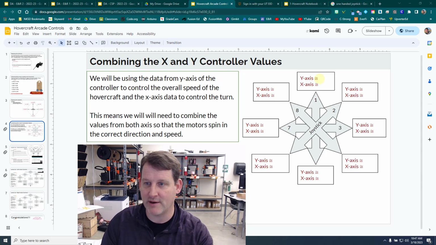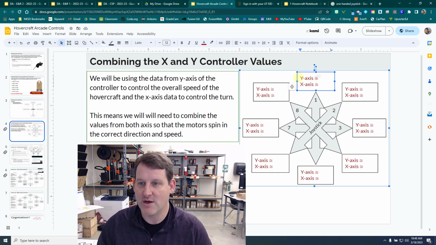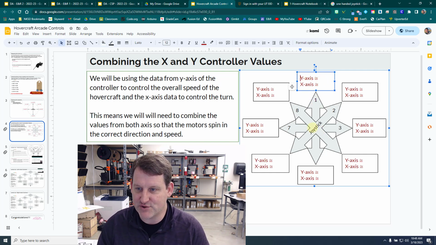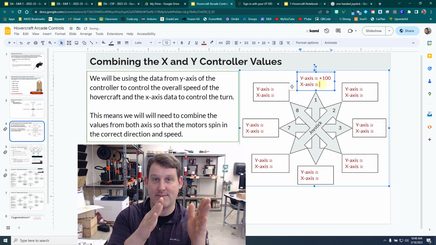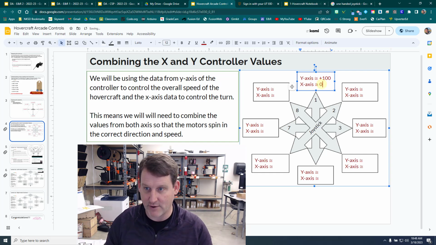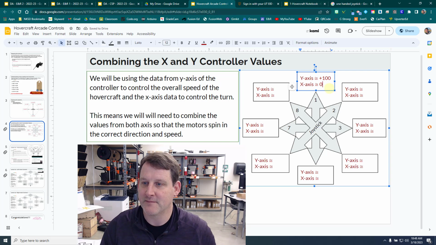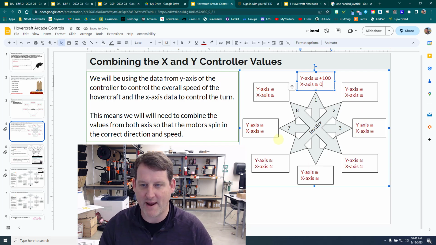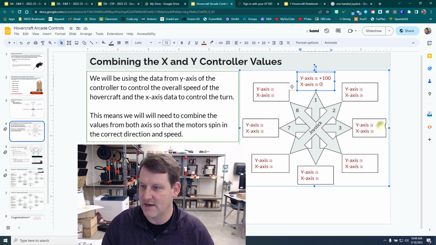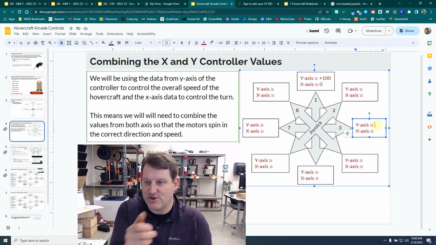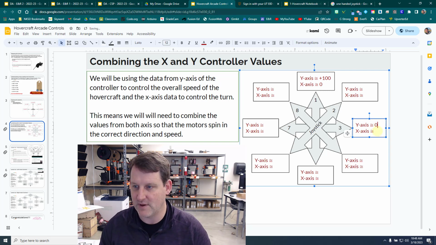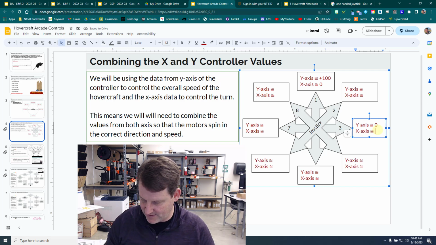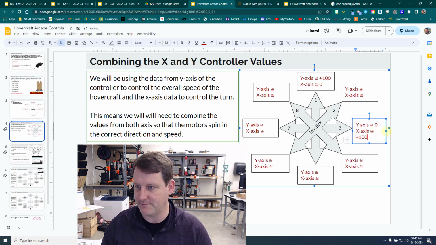Find this page in your notebook, open it up, and let's fill it in. So here, when I push straight forward this way, the y-axis value is going to be +100. The x-axis, because I'm not going left or right at all, is going to be 0. So it's right in the middle. Let's skip down and do the four main ones first, and we'll come back and fill in these other ones. So here, if I go straight to the right, I don't go up or down at all, the y-axis will be 0, and the x-axis is going to be that +100.